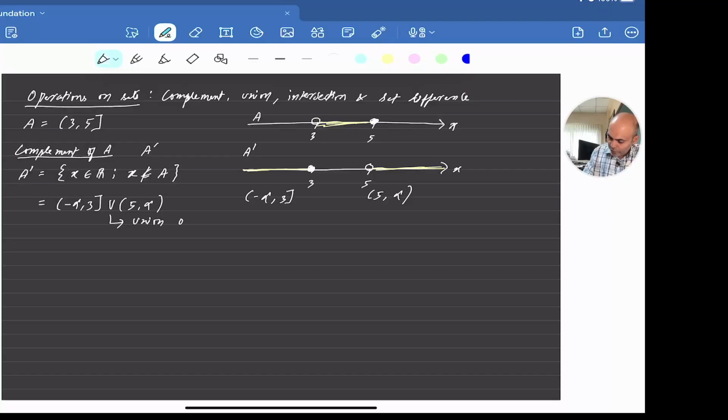It's the union of two sets, meaning the union of two sets includes points from either sets or either intervals.